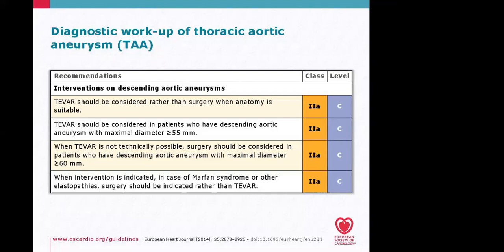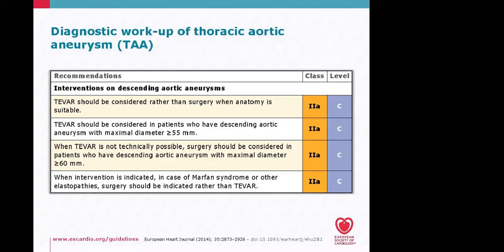Okay, the most important thing in the principle of TEVAR is the landing zone. This is the main principle: I need to have a landing zone proximally and distally. And per guideline, the patient should not have a connective tissue disorder.